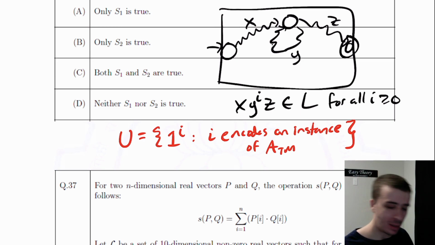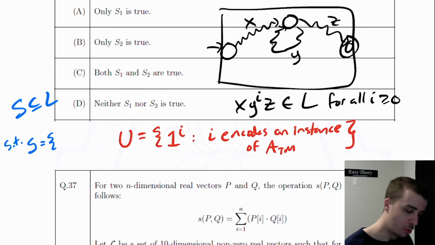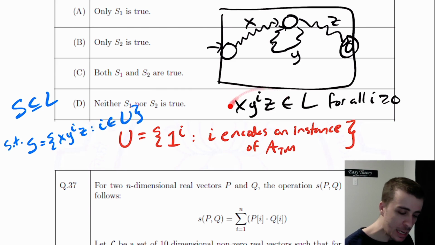So what we can do here is talk about the subset of L, which I'm going to call S, such that S is equal to x y to the i z, such that i is in U. Each one of these strings is in L, so this is just a subset, with i ranging over the non-negative integers.